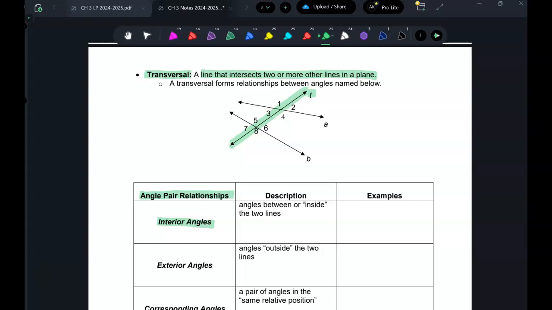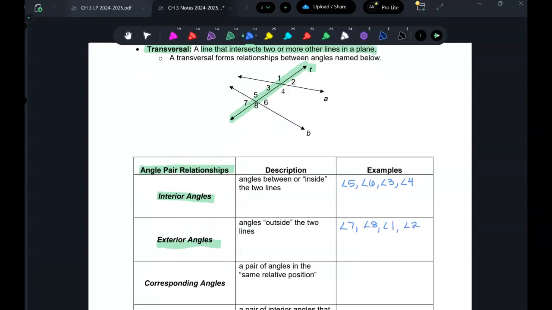So what angles would those be? 5, 6, 3, and 4. Good. So those would be our interior angles. So of course our exterior angles would just be, good, the ones on the outside. Angle 7, angle 8, angle 1, angle 2.